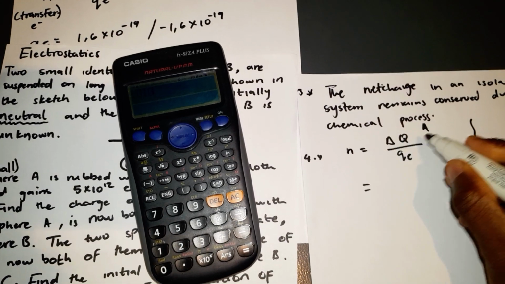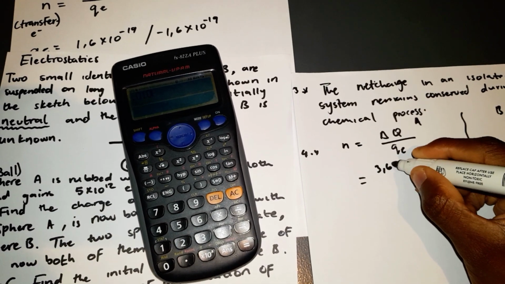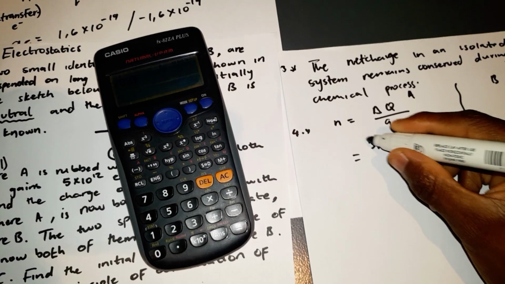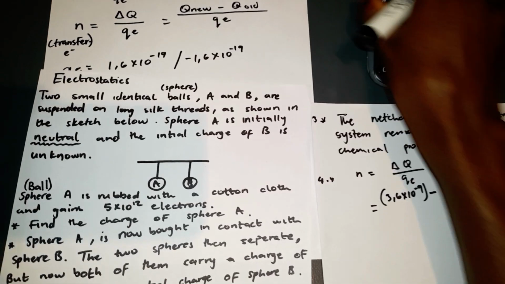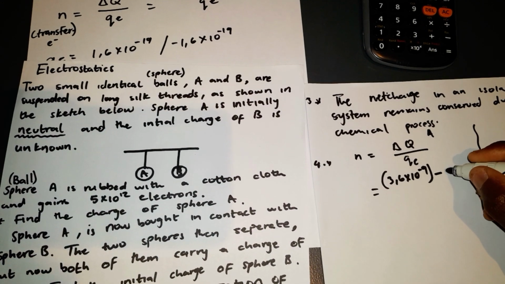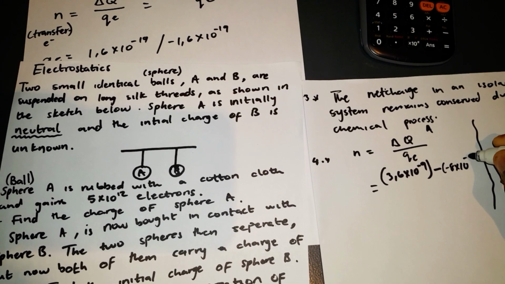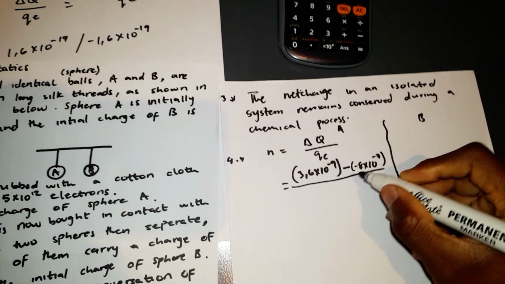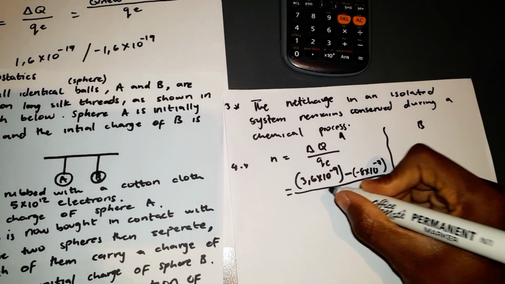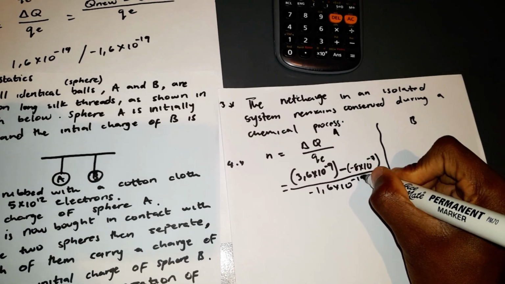So on sphere A, the new charge is 3.6 times 10 to the negative 9, minus or subtract the old charge, which is negative 8 times 10 to the negative 7, over, since A is negatively charged, negative 1.6 times 10 to the negative 19.